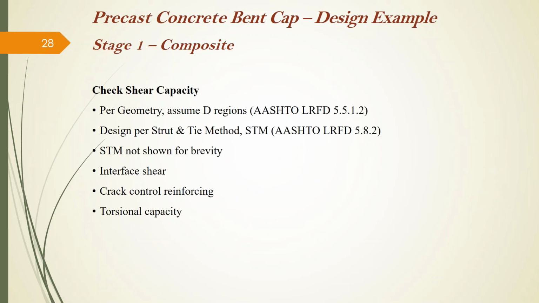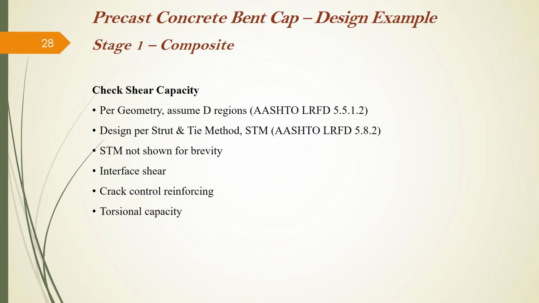Okay, and then as far as the shear capacity and demand is concerned, again, this is a standard AASHTO approach. We have to go to AASHTO LRFD 5.5.1.2, where the B and D regions are described.